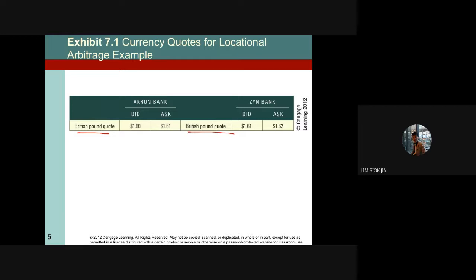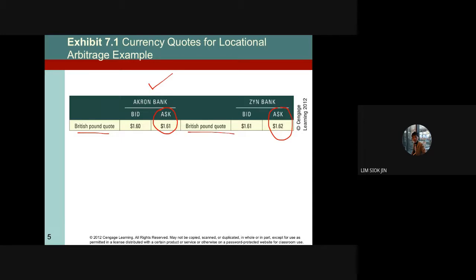So how? You can see Akron Bank, if you want to buy British pound from them, you look at their ask price, $1.61. And if you look at the ask price of Zin Bank, it is $1.62. So if you want to buy British pound, which one should you go to? You should go to Akron Bank because they sell it cheaper.